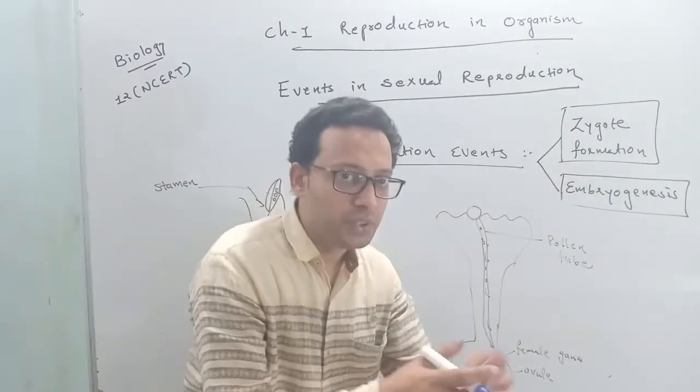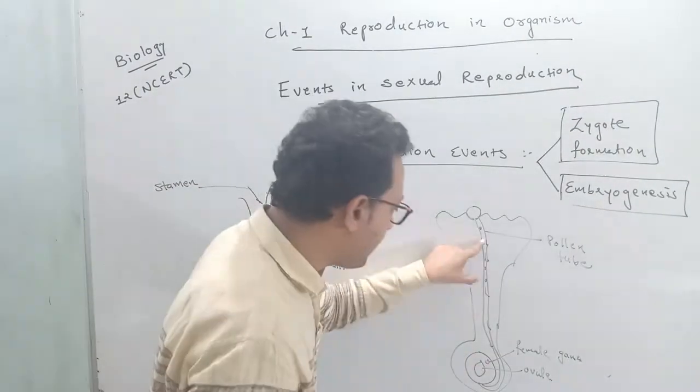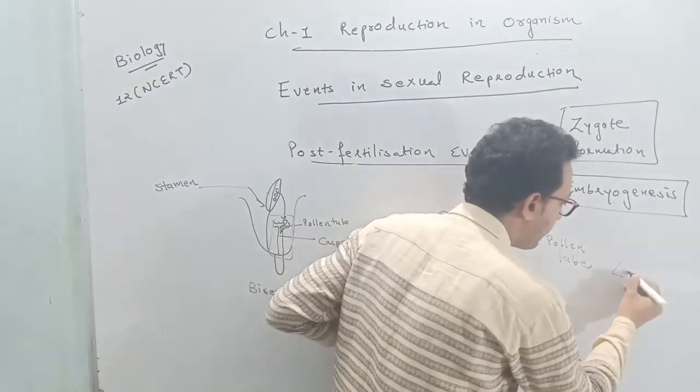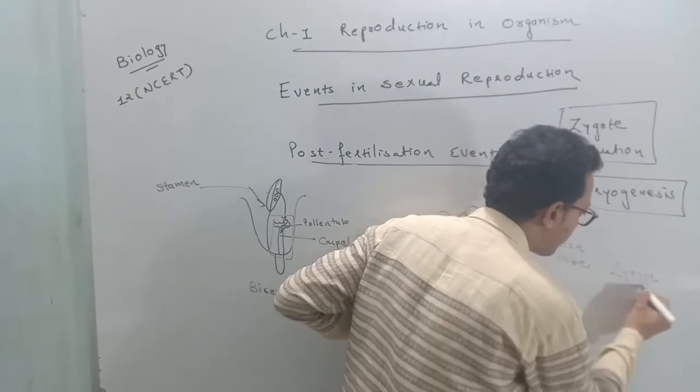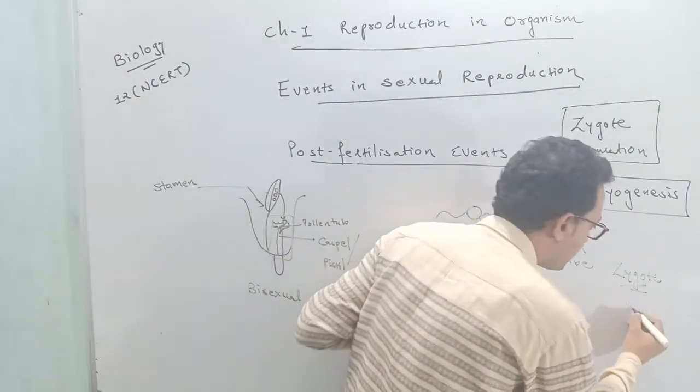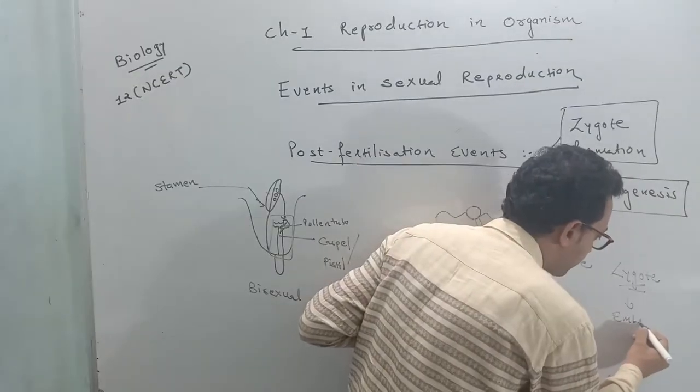So what happens once it enters? The gametes get fused and it leads to the formation of a zygote. The male gamete and this female gamete fuse together to form a zygote. We will also discuss in the next chapter how this process occurs. From this zygote, the embryo will develop.